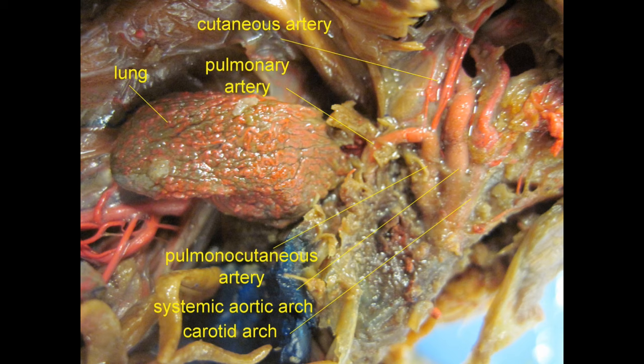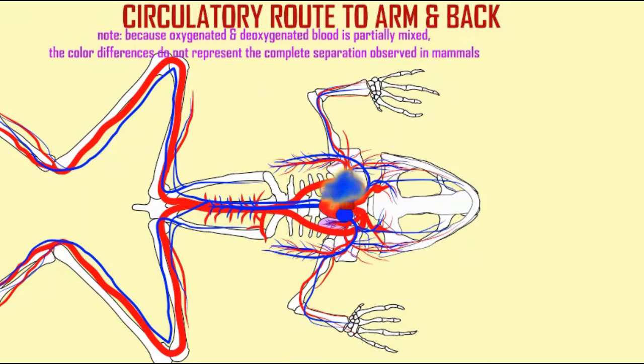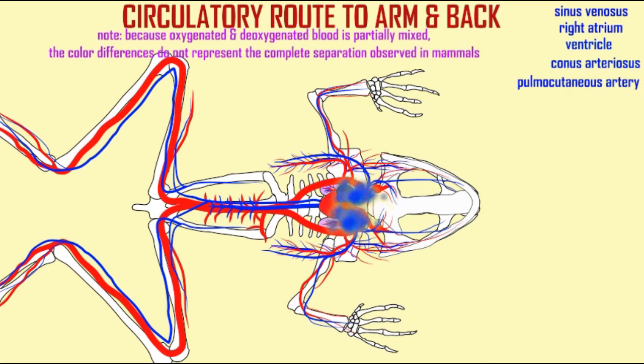From there, it could pass either to the skin or to the lungs through the pulmonary artery, and then into pulmonary capillaries where gas exchange occurs and the blood becomes oxygenated, into the pulmonary vein, to the left atrium, to the single ventricle, and to the conus arteriosus.